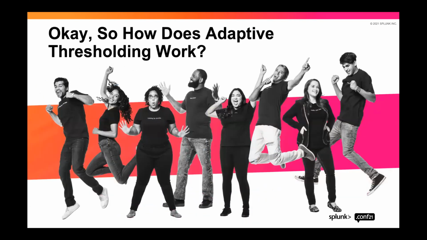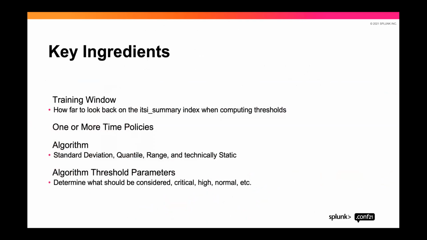Okay, so how does adaptive thresholding work? Let's dig into it. It's actually not that complicated, which is good. I'm not good with complicated. So key ingredients: training window, how far back to look at the ITSI summary index when computing thresholds. One or more time policies. You have to have a time policy for adaptive threshold, even if it's just a single default policy.